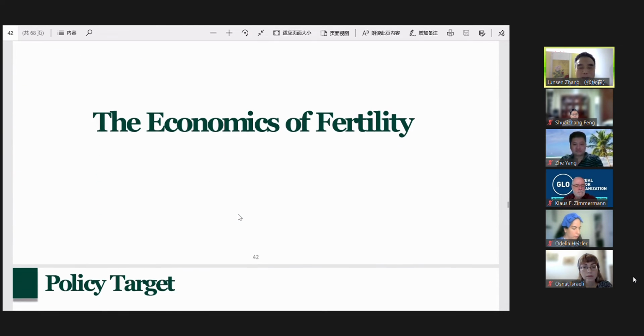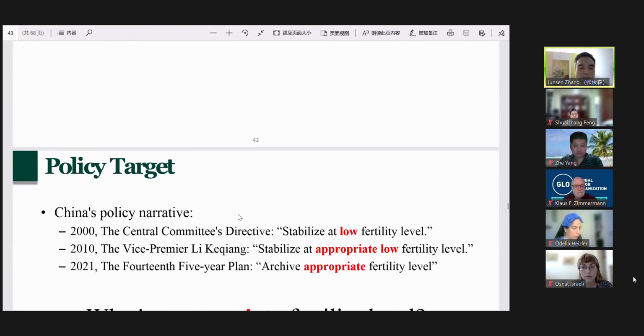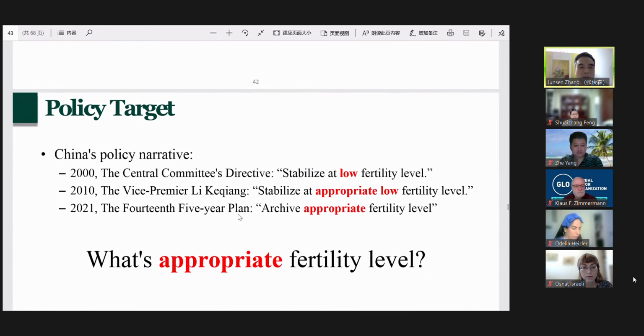So we now look at some economics analysis. First, China's policy objective or the narratives. In 2000, the central government directive was stabilizing at low fertility.